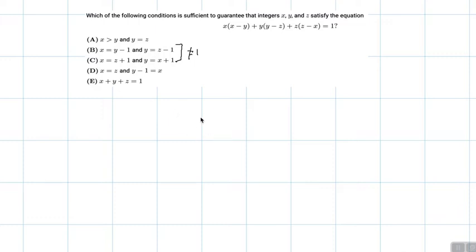So for A, we say y is equal to z and x greater than y. So we have x times x minus y plus y. And we'll further simplify this. And this is just going to evaluate to 0.